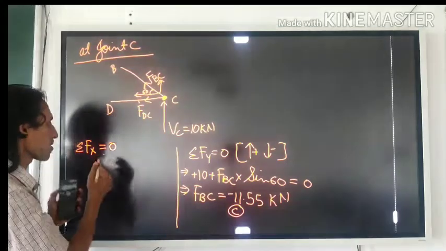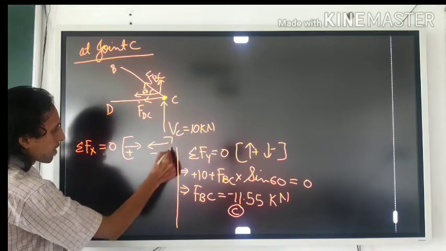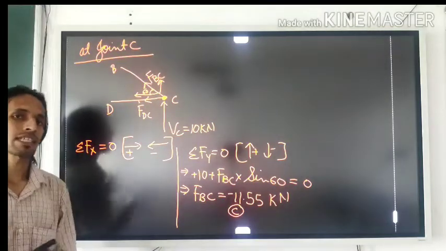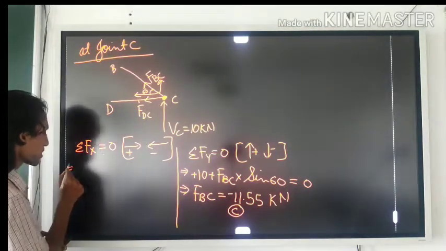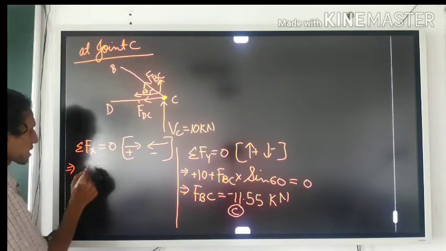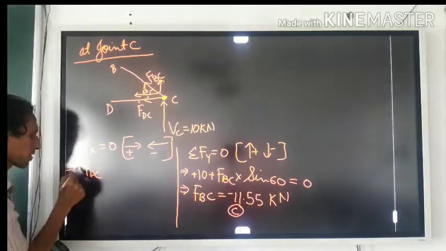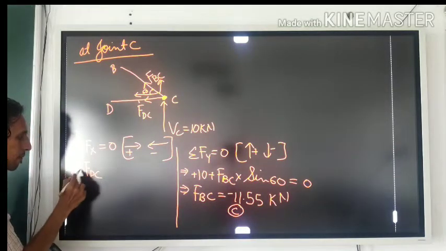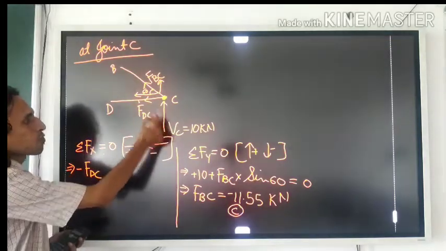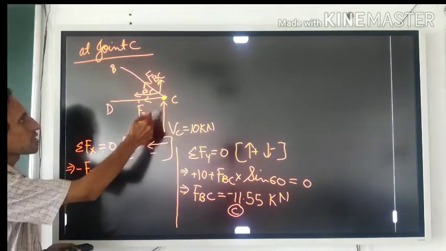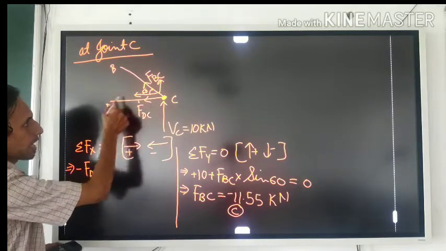Then start solving for Fx. The sign convention we are using is positive x positive, minus x direction negative. Start writing the equation. So the first force is FDC. What is the direction? Positive. Sorry, negative. It is in minus x direction. Then this is in vertical direction, so we should ignore this. Then the component of FBC in x direction. What is the direction?